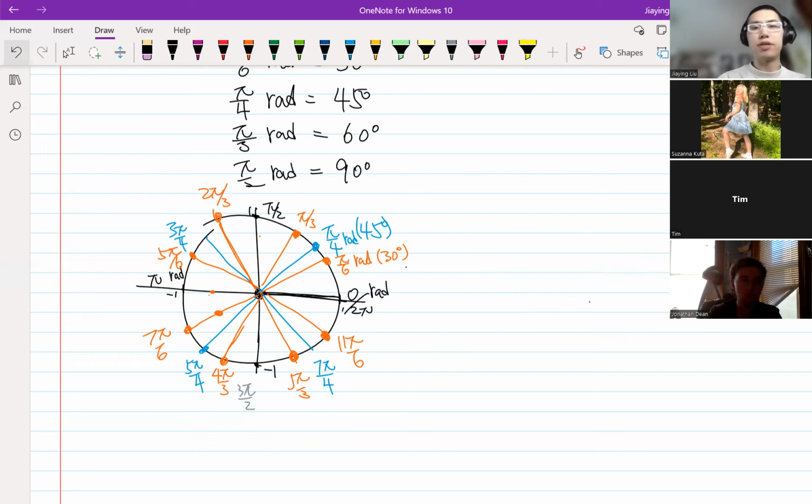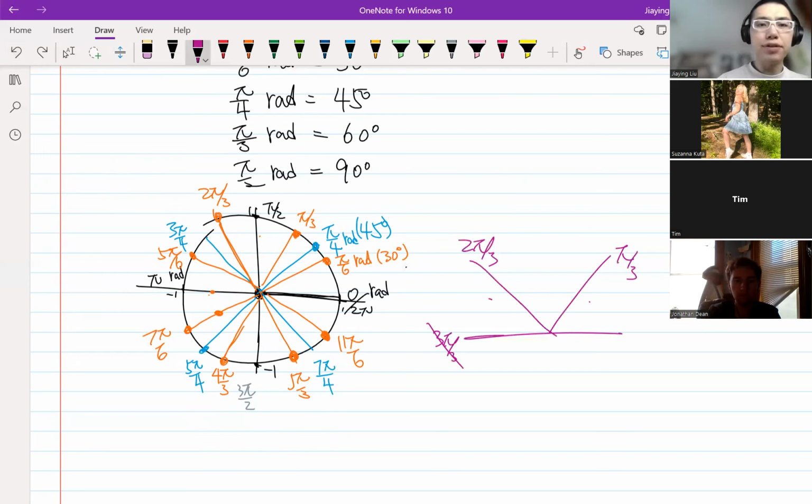So that's pi over 3, that's 2 pi over 3, this is 3 pi over 3, 4 pi over 3, 5 pi over 3, and then I go back to 6 pi over 3, just to reiterate. All right, so that's angles on the unit circle, and we're going to use this in a couple of minutes to find sine and cosine.